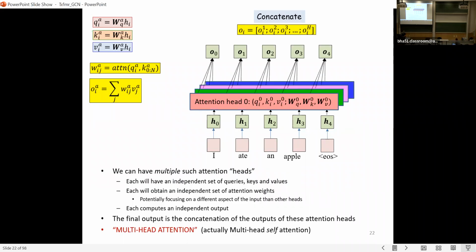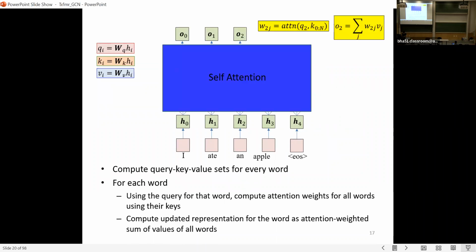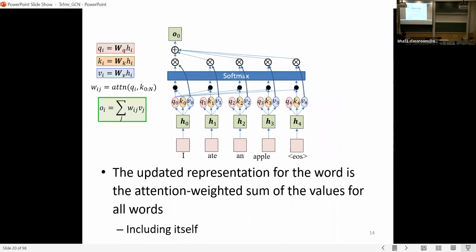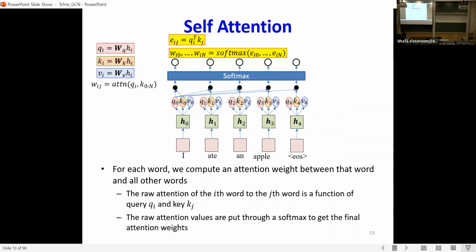Multi-head self-attention, yes? Here we're using the query of the first and the keys of the rest of the words.